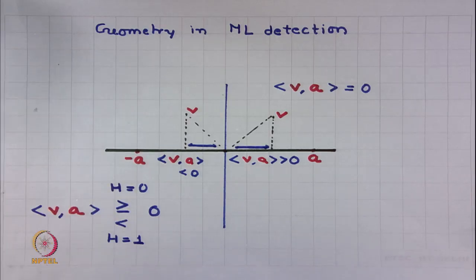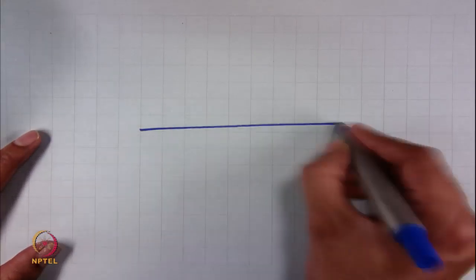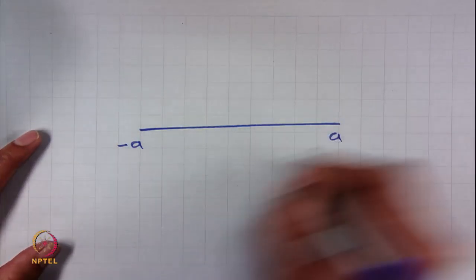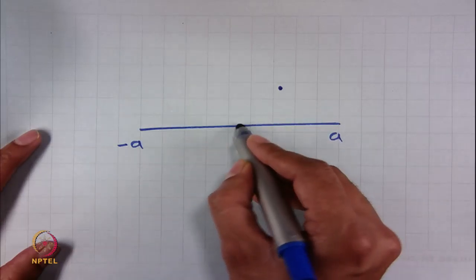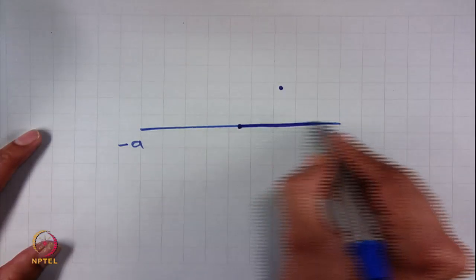And why is this? Let us draw it again. Suppose you have 2 points, and let us say vector A is this.